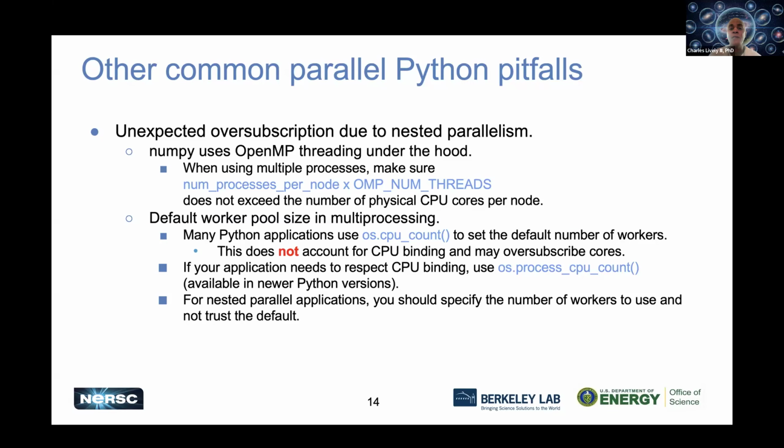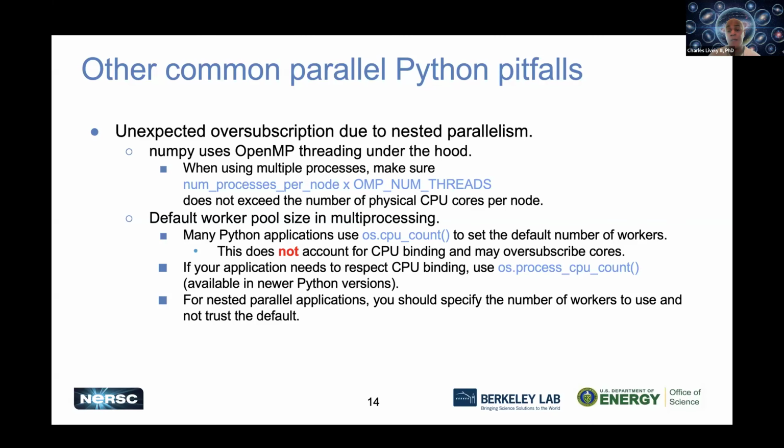A few things to keep in mind. There are system methods like cpu_count, which return a default number of workers, but it doesn't account for CPU binding. So relying solely on that can erroneously have users oversubscribe the number of cores that are available to them.